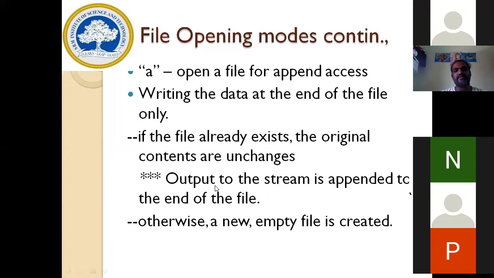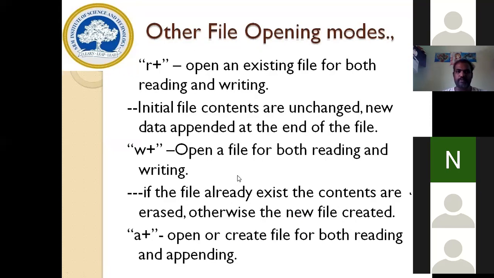It is the contrast of the write operation, because write overwrites the file content, but here it retains the initial contents and appends at the end of the file. If the file is not available, then a new empty file will be created. This is the third one, the appending mode of file opening.